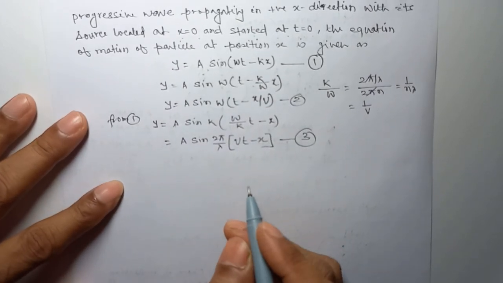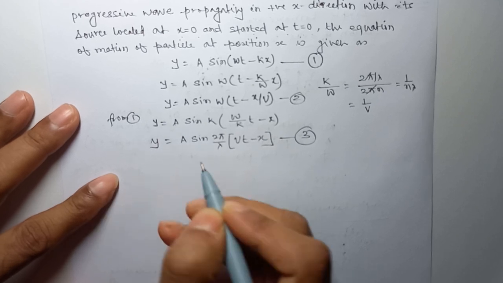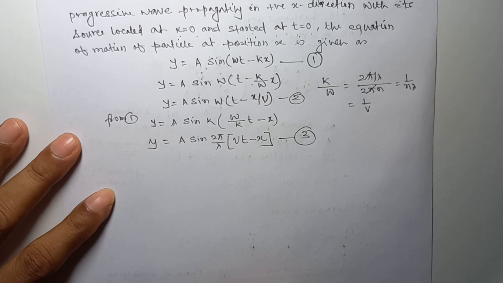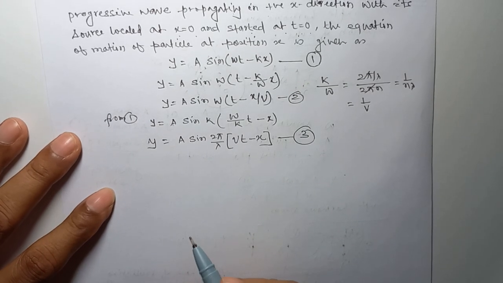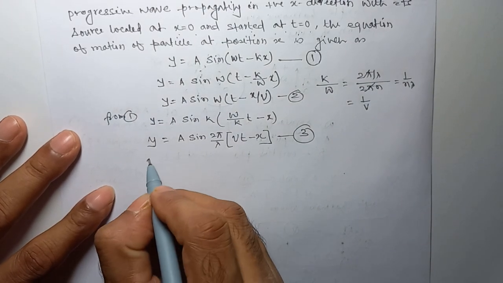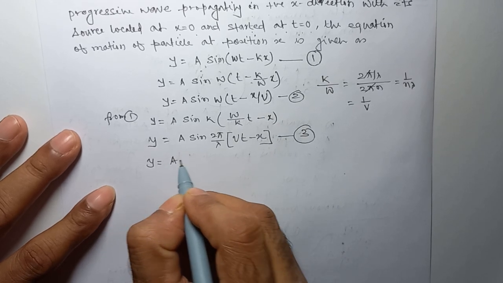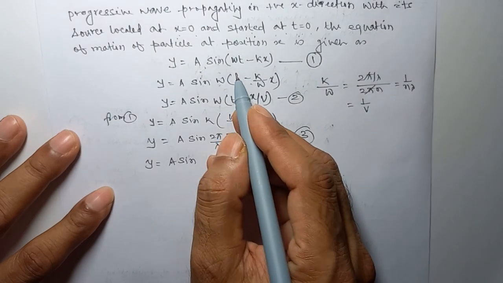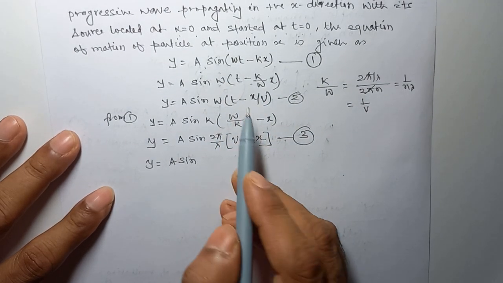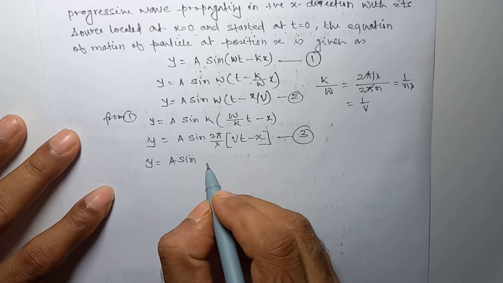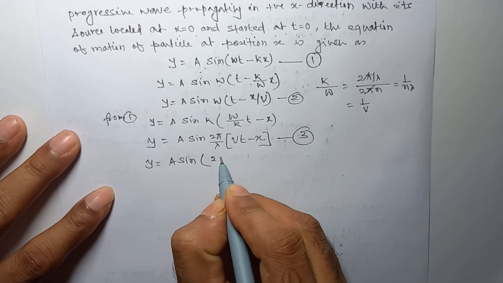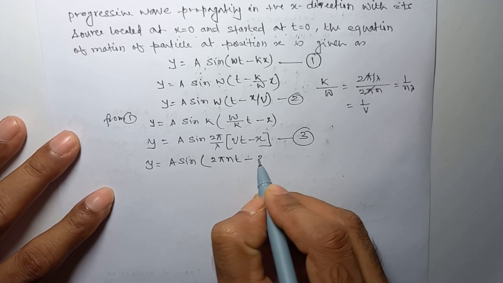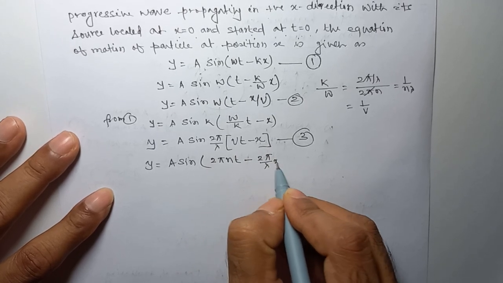So we got y is equal to A sine 2 pi by lambda into vt minus x. Now the fourth form we can write as y is equal to A sine, from this, 2 pi n t minus 2 pi by lambda into x.